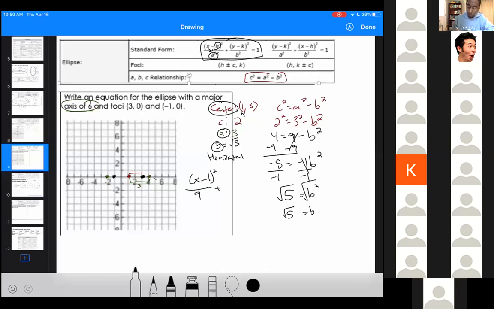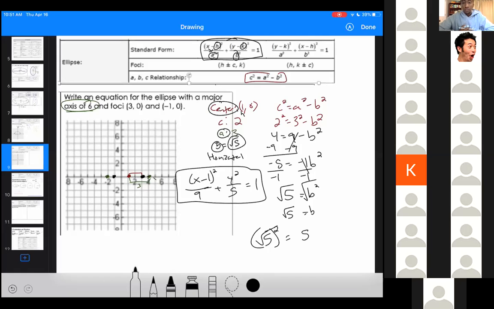Plus, now right here, we have a k of 0. So if the k is 0, then you're not going to put y minus 0. You could just put y squared, and then b at the bottom squared. Here's where it helps to leave it as a radical, because you plug in square root of 5 here, the square root of 5 squared is just 5 because the square and the square root cancel out. And that equals 1. So that is the equation of our ellipse.